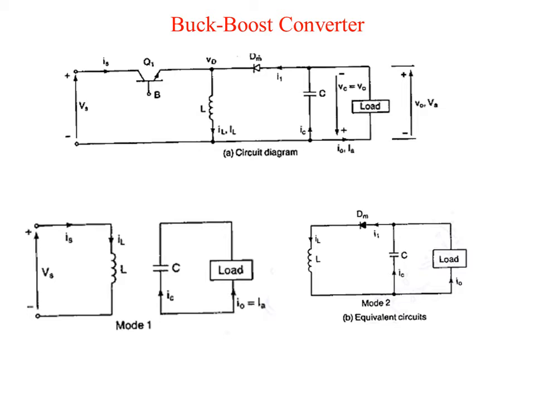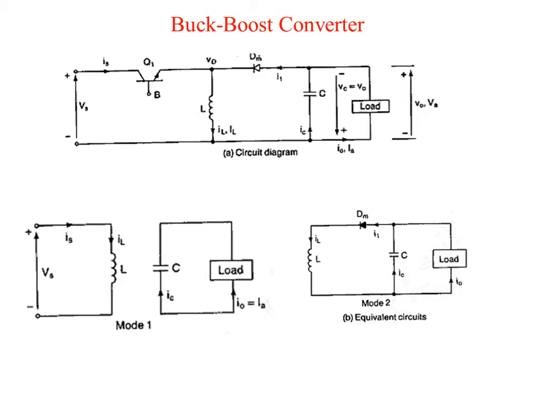During mode 2, the transistor Q1 is switched off and the current which was flowing through inductor L would now flow through inductor L, capacitor C, diode DM and the load.